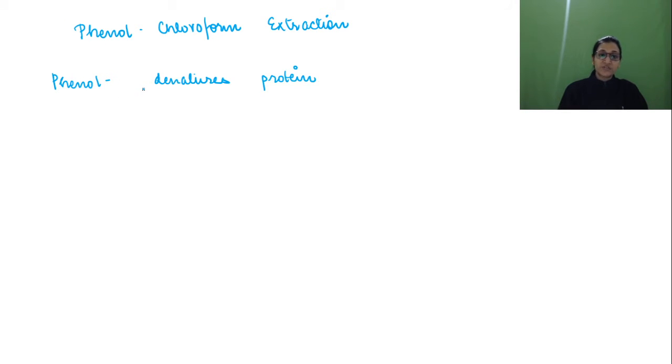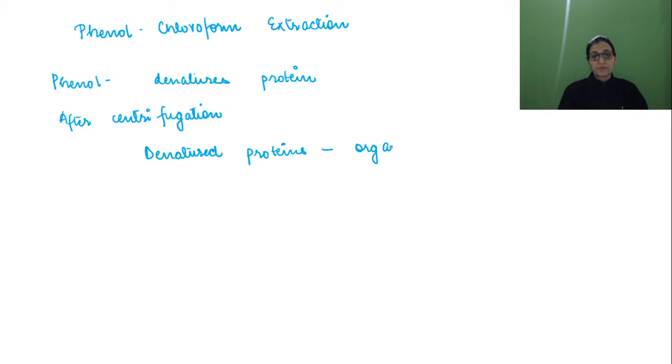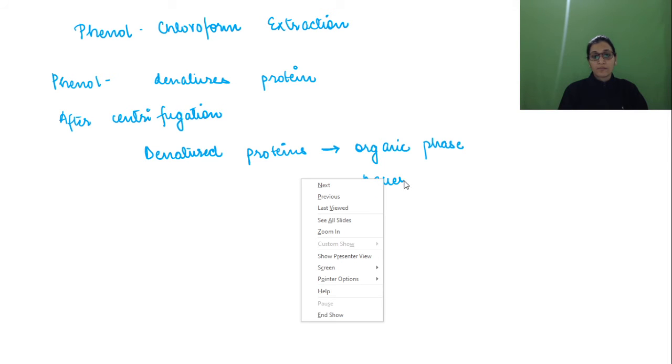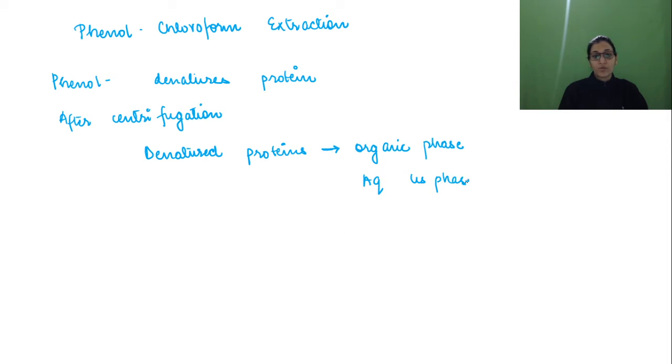So phenol is used for denaturing the protein, and after centrifugation, denatured proteins stay in the organic phase, and the aqueous phase is going to contain the nucleic acid.